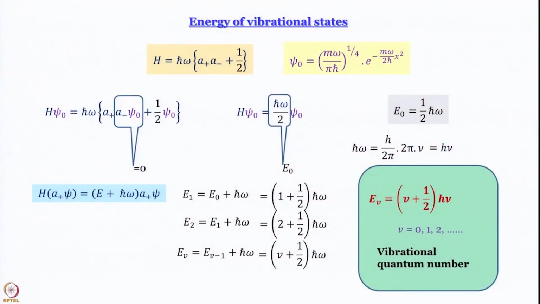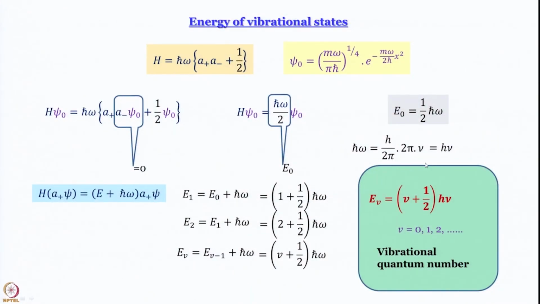For such transitions the energy difference simply turns out to be h nu, where nu is the frequency of vibration of the oscillator, and then that will equal h nu, where nu is the frequency of light also. So, interestingly, a quantum harmonic oscillator absorbs light whose frequency matches its own vibrational frequency.